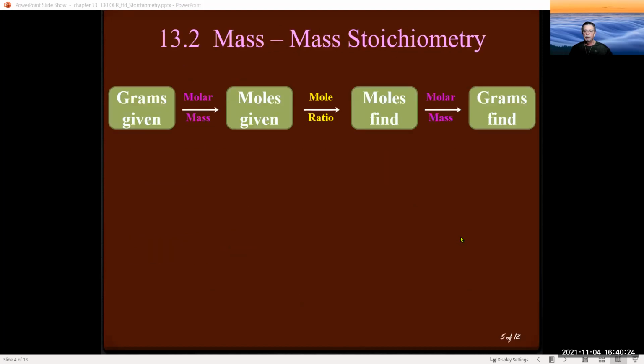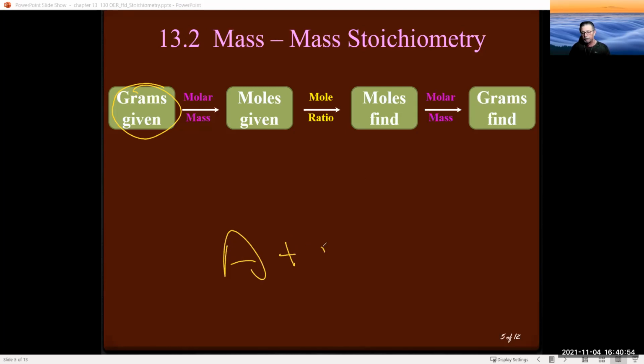All right. So we're going to have another flow chart here, in addition to the flow chart we gave you earlier when we were talking about STP. We're going to combine the two in a second. The point of this flow chart is this: if you're given an amount in grams of some chemical compound, we need to convert it to moles.